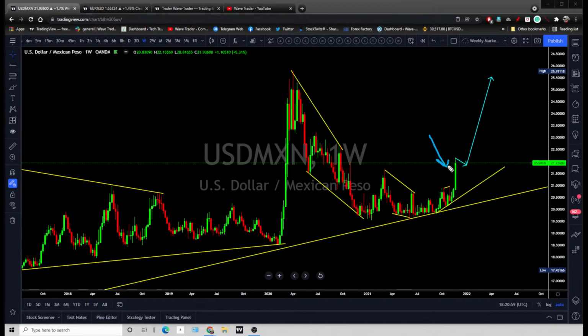Before this breakout happened, it took a lot of time, and that price action happens all the time on every single asset, whatever the asset is, either currency, commodity, stock or cryptocurrencies. This happens because there are buyers and sellers on every single asset.